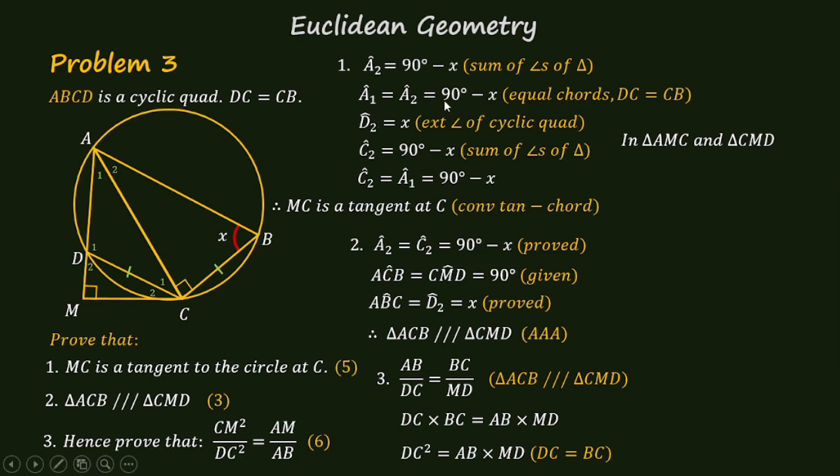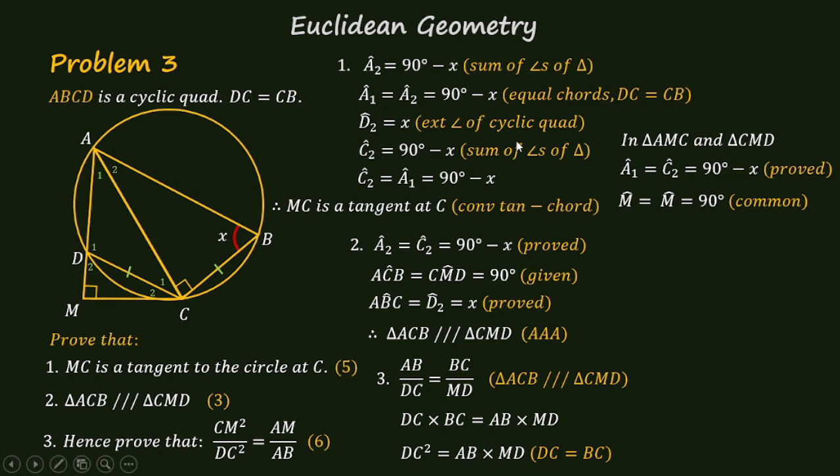A1 is 90 degrees minus X. C2 is 90 degrees minus X. So we can start there. So A1 equals C2, which is 90 degrees minus X. This we have already proven. Now let's look at M and M. So M is common, equals 90 degrees. M appears in AMC and also in CMD. So M is common, it's 90 degrees.